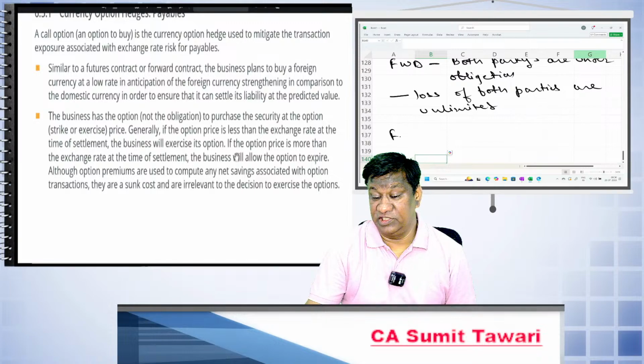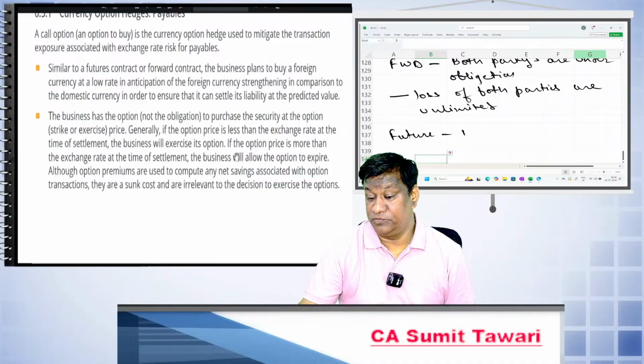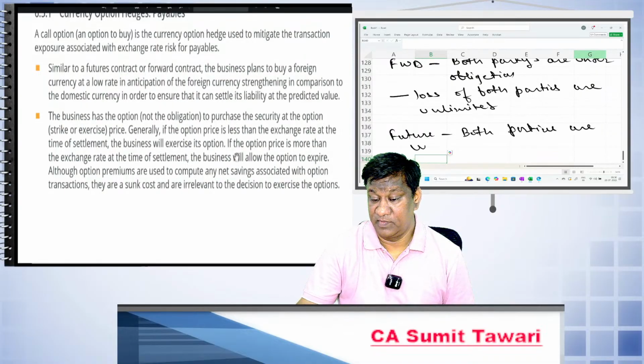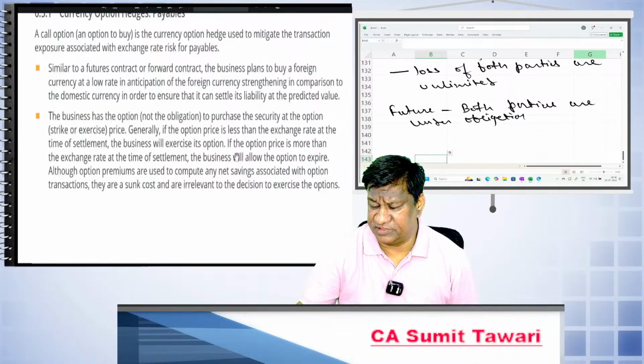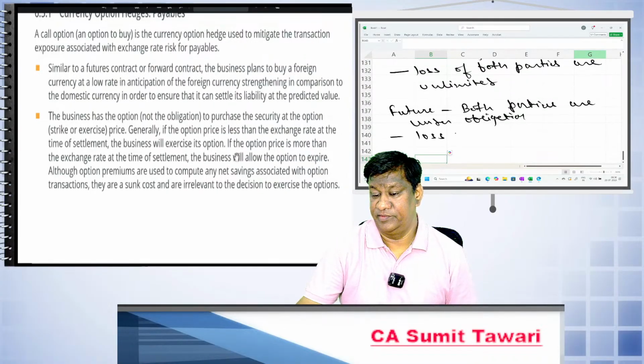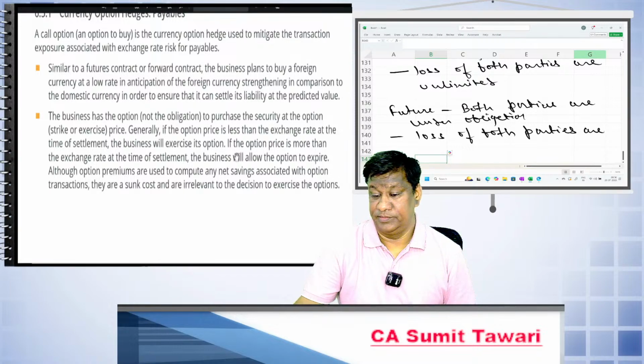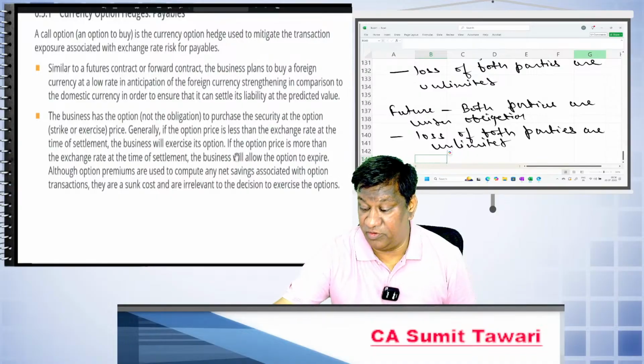Future, the same thing. Both parties are under obligation, and the loss of both parties is unlimited. What is the difference between future and forward?